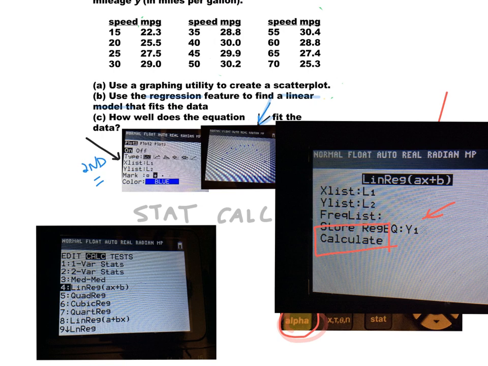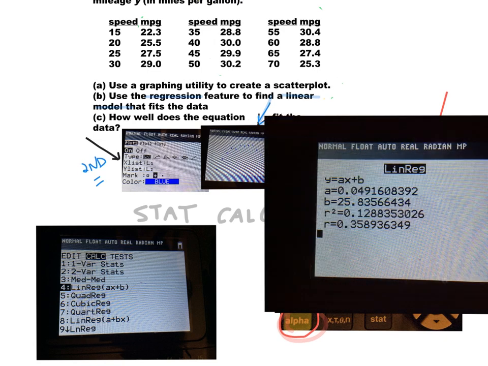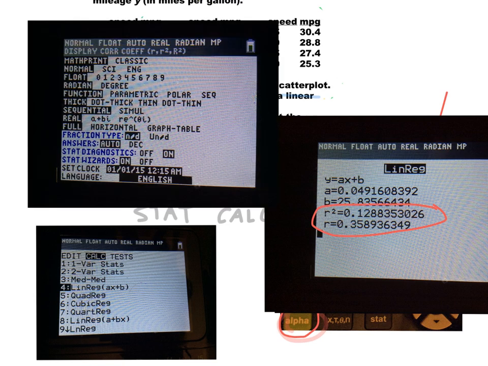And on your screen should be 4 pieces of information. An A, a B, an R squared, and an R. Sometimes your calculator will omit giving you the R squared and the R. If R squared and R are not given to you on your calculator, what you want to do is press the mode button, scroll all the way down to where you see stat diagnostics.